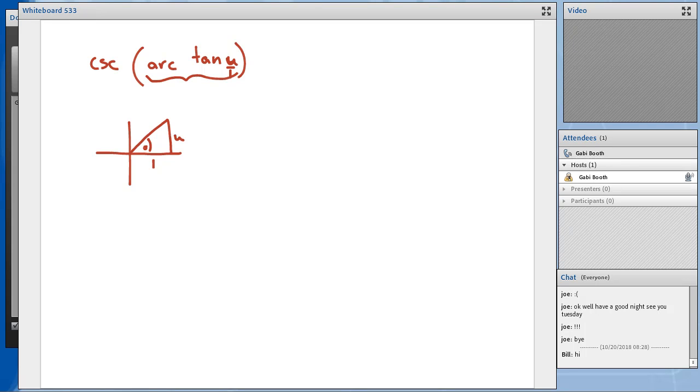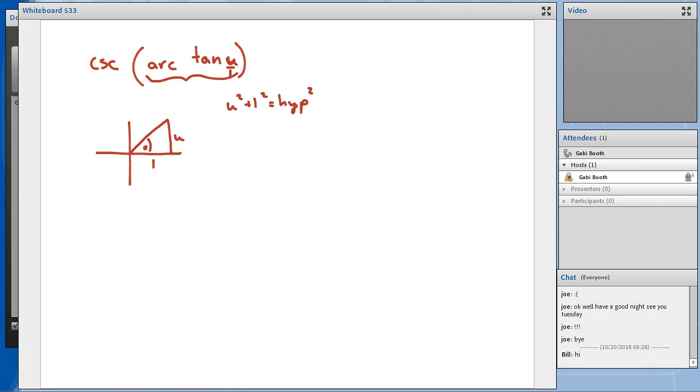For that, we need to find the hypotenuse. So the hypotenuse, we're using the Pythagorean theorem: u squared plus 1 squared equals the hypotenuse squared.